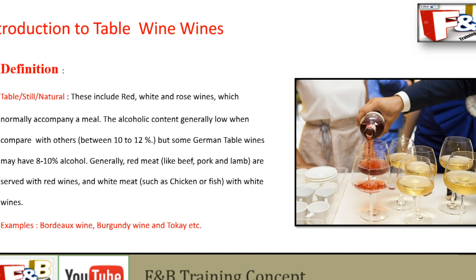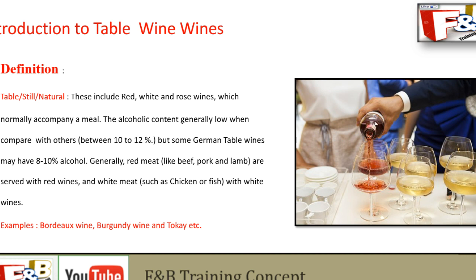All the carbon dioxide that is produced during the fermentation process is allowed to escape. Nothing is captured into the wine. So that's why people mostly refer to them as still. That means no bubbles, or natural, because just by fermenting the grape juice, you have the wine.